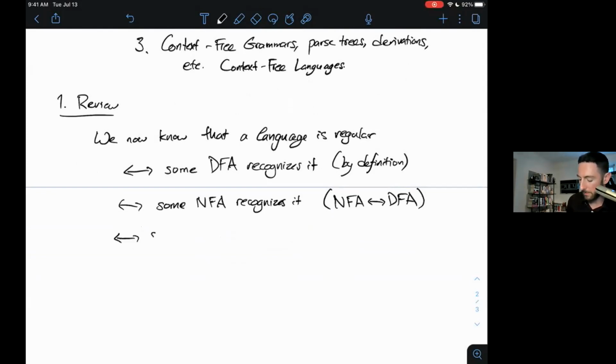And then if and only if some regular expression evaluates to that language.